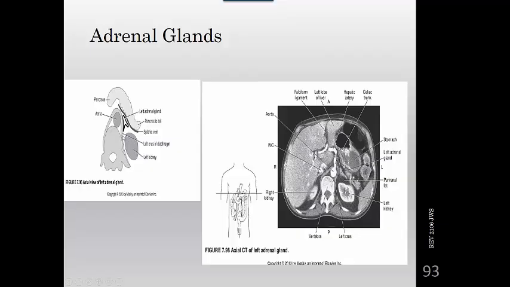So, crus of the diaphragm kind of comes around here, and here's the vertebrae. The aorta is right here, and then the splenic vein and the pancreas are right here. So your adrenal gland is going to lie right in that area here.